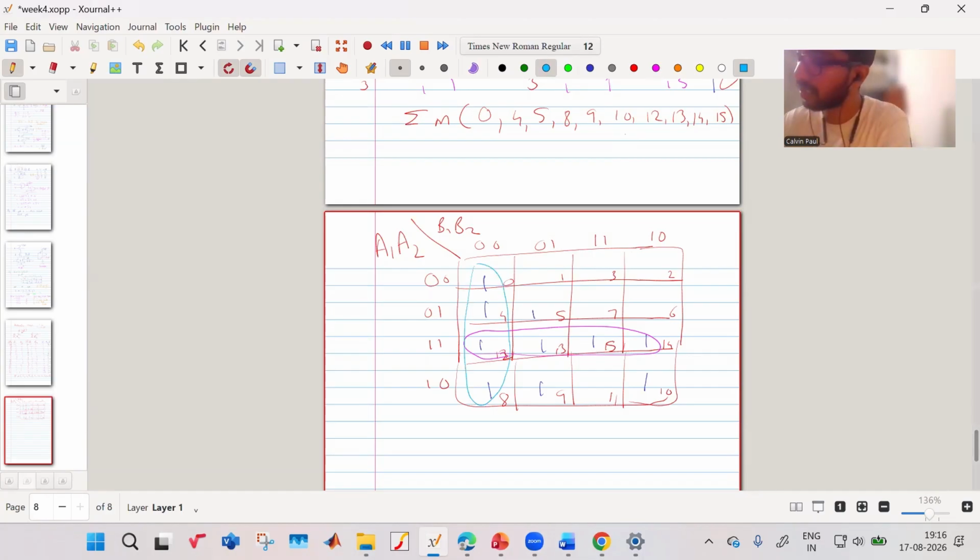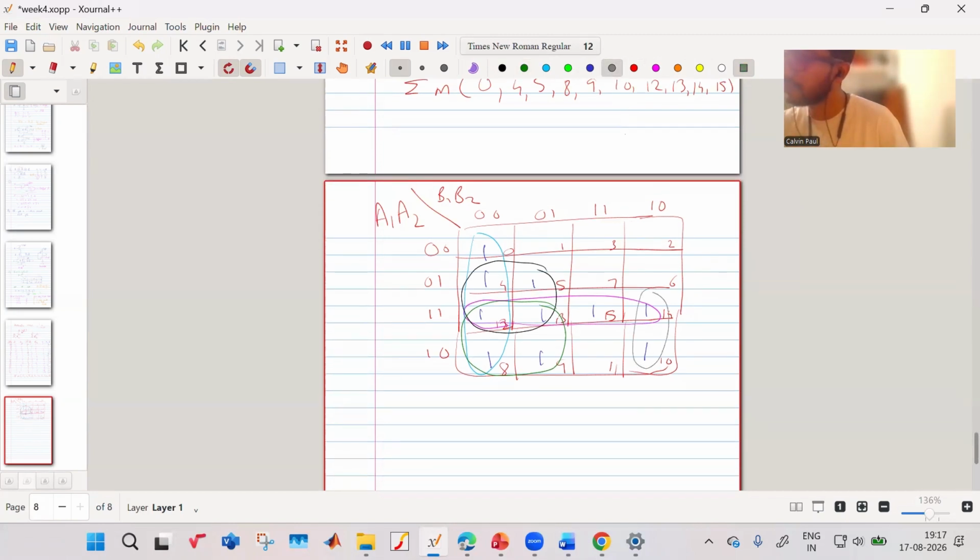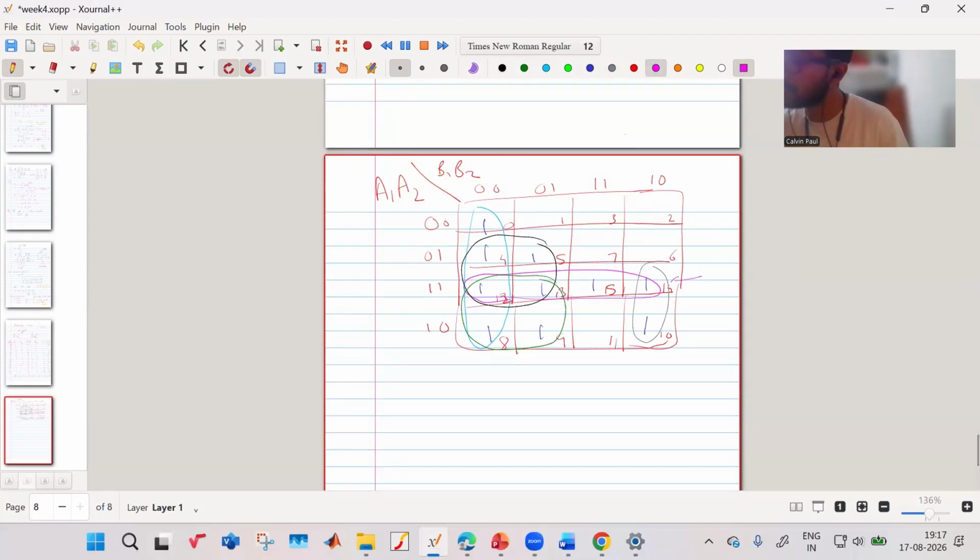We can also group like this, and then group what's left.